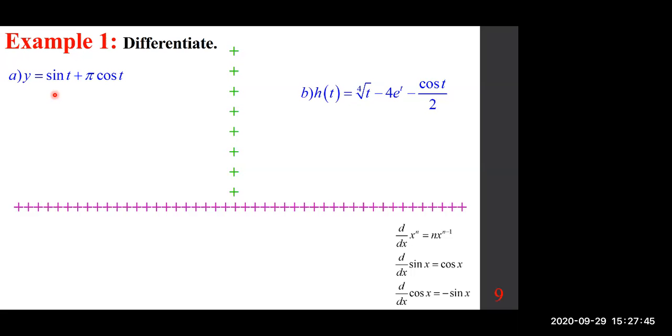What do you think, class? The derivative of sine is cosine plus pi times the derivative of cosine is negative sine. So in one shot, we can say y prime is cosine t minus pi sine t.